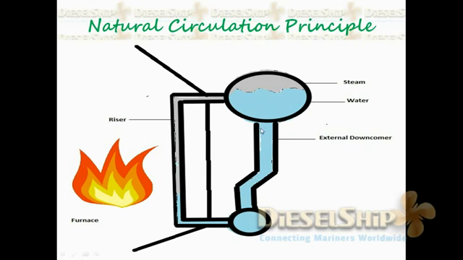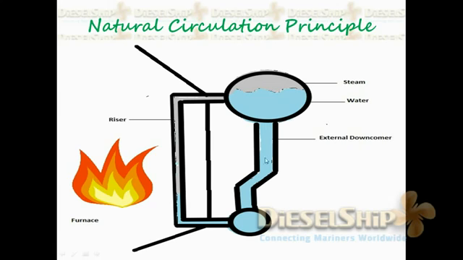Hope we all know the basic parts of a boiler. Let me explain in short with this diagram. Here is the steam and water drum. For simplicity in understanding, we call this the steam drum, and let this be the water drum, and the big pipe which is connecting the steam and water drum is the downcomer.